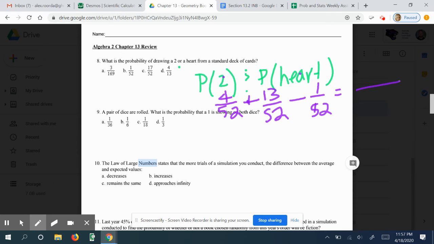And so what ends up happening is I get 4 plus 13 is 17, minus 1 is 16 out of 52. And I look over there and I notice I don't have 16 out of 52. So my first thought would be, uh-oh, I did this wrong.